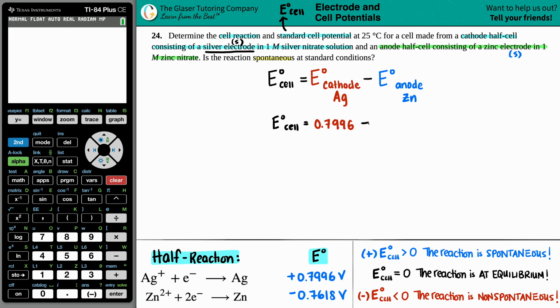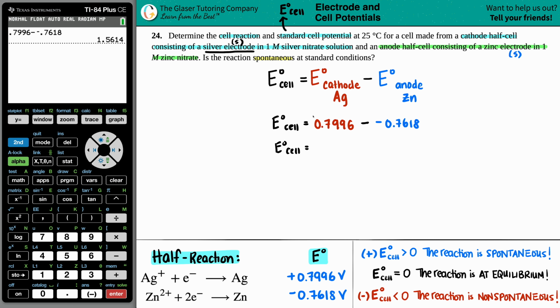And then I'm just going to subtract the zinc, which is a negative 0.7618. So let's first find out that E cell, and then we'll have a third of the question done. 0.7996 minus a negative 0.7618. Whoop.